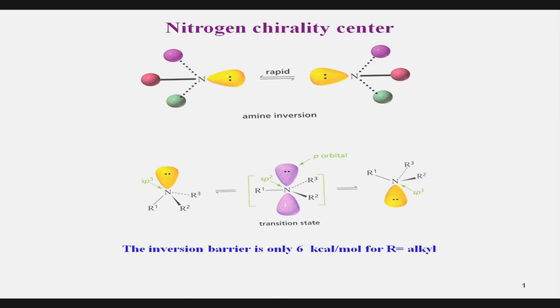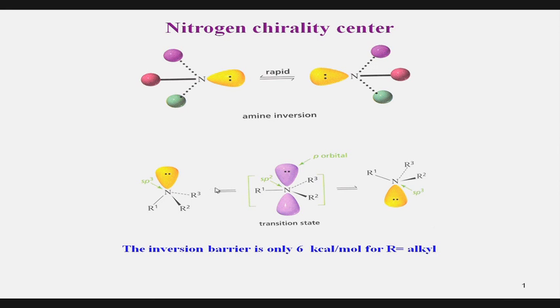While going into the non-planar molecule, you have the option of either going to the starting point or going to a product point. So, the starting point is non-planar and chiral, then you go to a planar system which is achiral, and then it has the option of going back or going further to the opposite enantiomer.